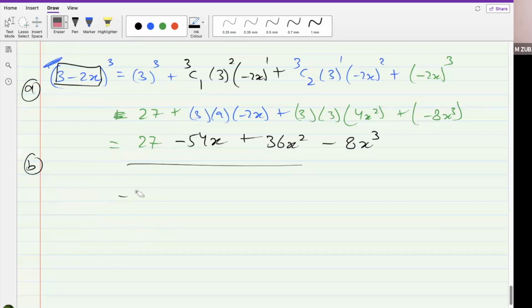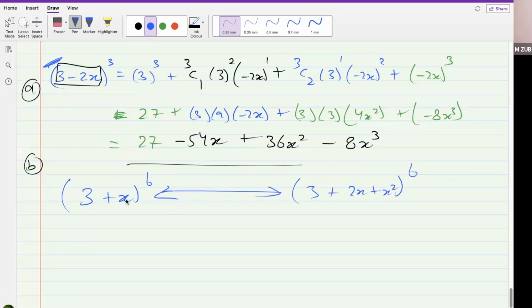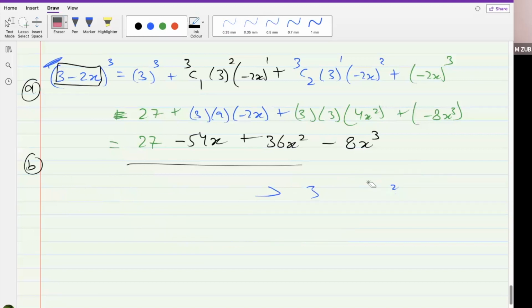For example, if they tell you to expand this, and then the question tells you to solve for 2x plus x squared, we replace all the values of x with 2x plus x squared at a later stage. Otherwise this syllabus is limited to (1 plus b) power n or (a plus b) power n.